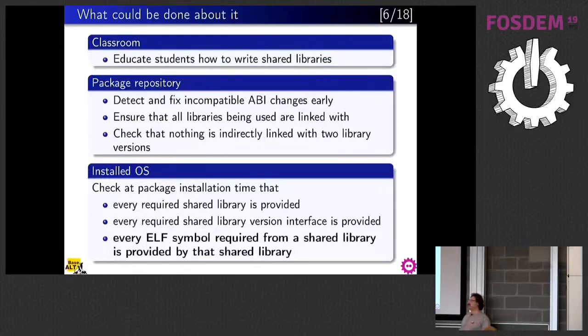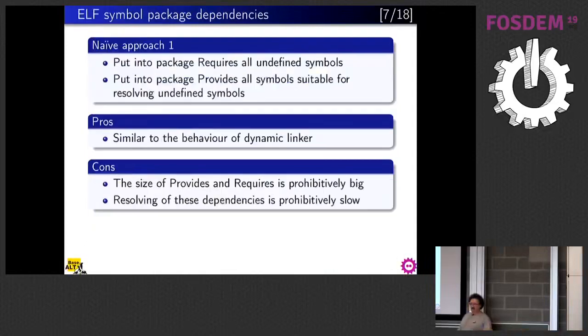I think nowadays all repositories implement this, both dependencies on libraries and on library interfaces. But the one thing that is probably implemented only in our repository is the check that every ELF symbol required from a shared library is actually provided by that shared library. This is called set versions, but other implementations could be imagined.